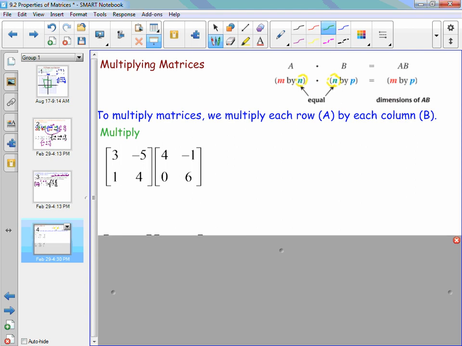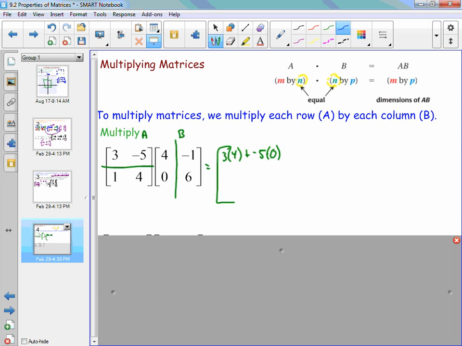I do expect you to show the work matrix. So the first one we call A and the second one B. So we split the first one into rows and the second one into columns. Alright, now what we do is we multiply the first row in A by the first column in B. So we're going to have 3 times 4 plus negative 5 times 0.